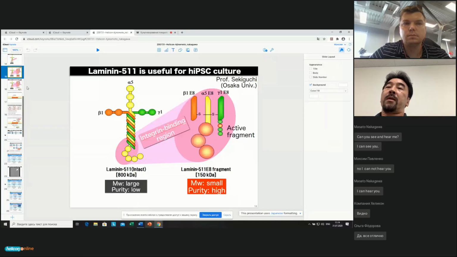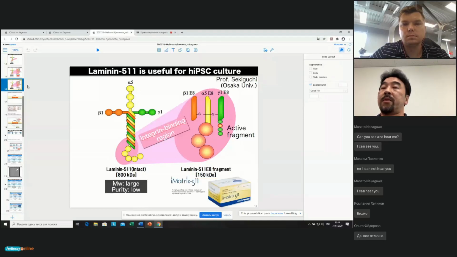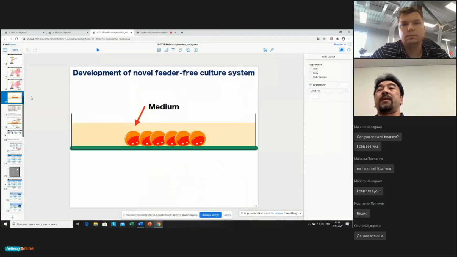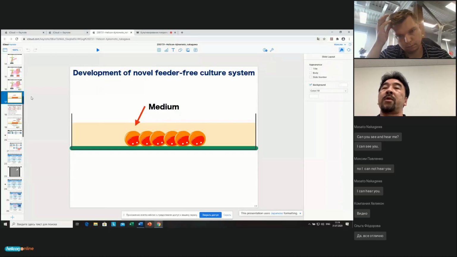This E8 fragment is sold as iMatrix-511 in the world. So we found that laminin 511 E8 fragment, iMatrix-511, is a very good coating material for human iPS cells and ES cells.